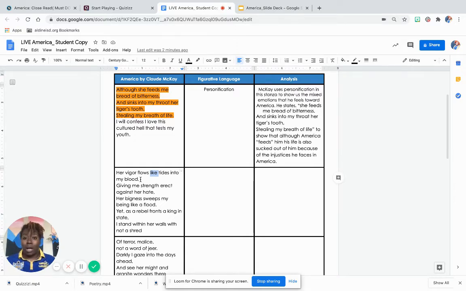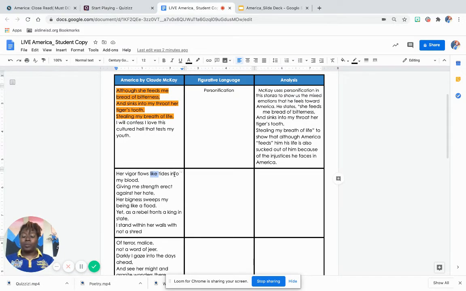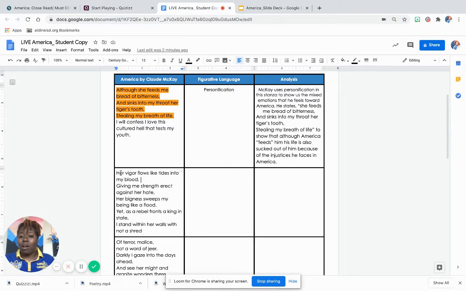Right now, Claude McKay is using a simile. "Giving me strength erect against her hate. Her bigness sweeps my being like a flood, yet as a rebel fronts a king and state." Okay, so what we see here is that Claude is comparing America's vigor to the tides in his blood, that gives him strength.